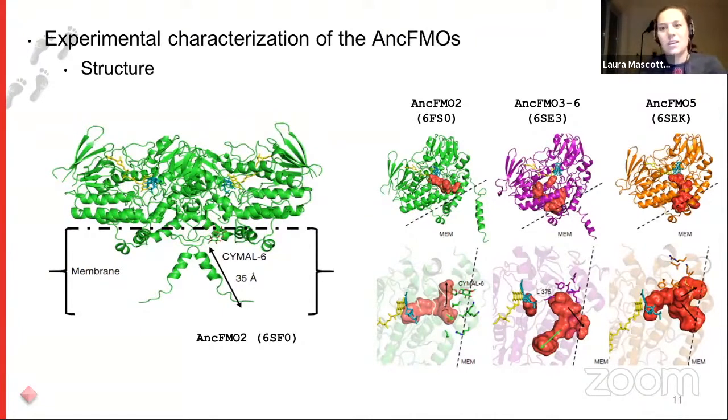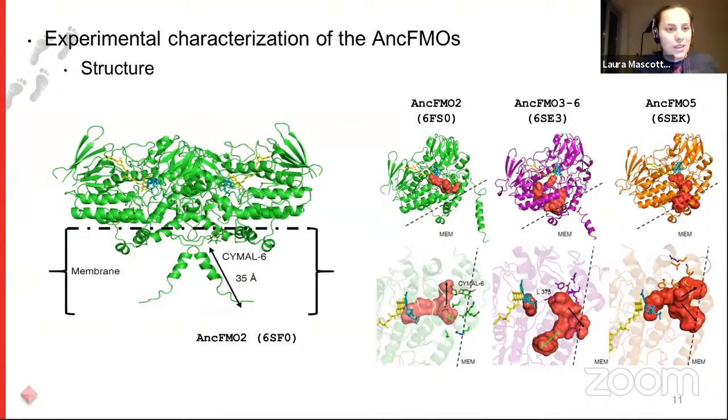Also, we found that the difference among the 5 paralogs is that they display a different tunnel arrangement to get access of the hydrophobic substrates and release the hydrophilic products. And that varies from one paralog to the other.